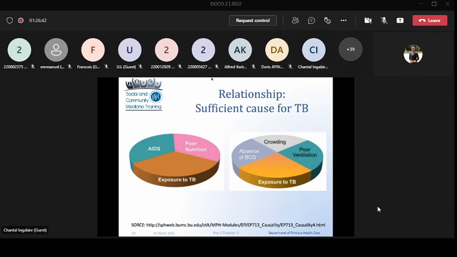Indeed, when we talk about something that is sufficient, even by name, if, for instance, you are being exposed to TB, and you have HIV and AIDS, and you have poor nutrition, automatically getting TB may be quicker for people who have HIV and AIDS compared to those who do not have HIV and AIDS and poor nutrition.